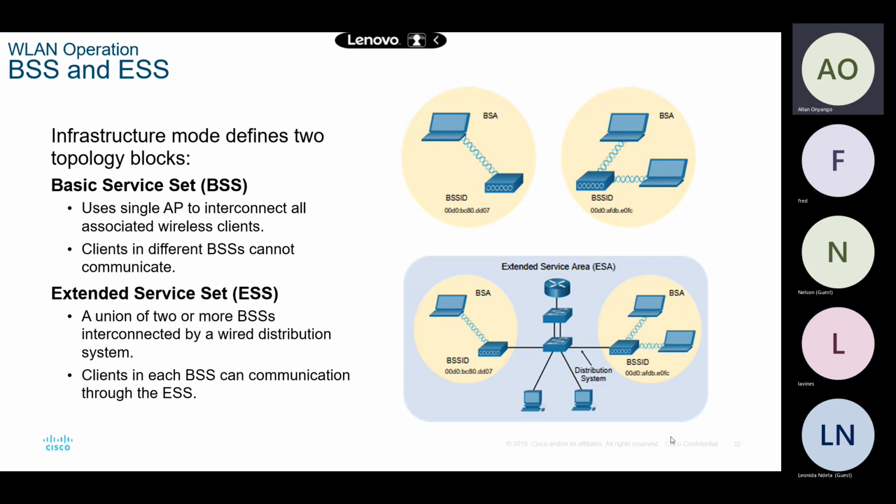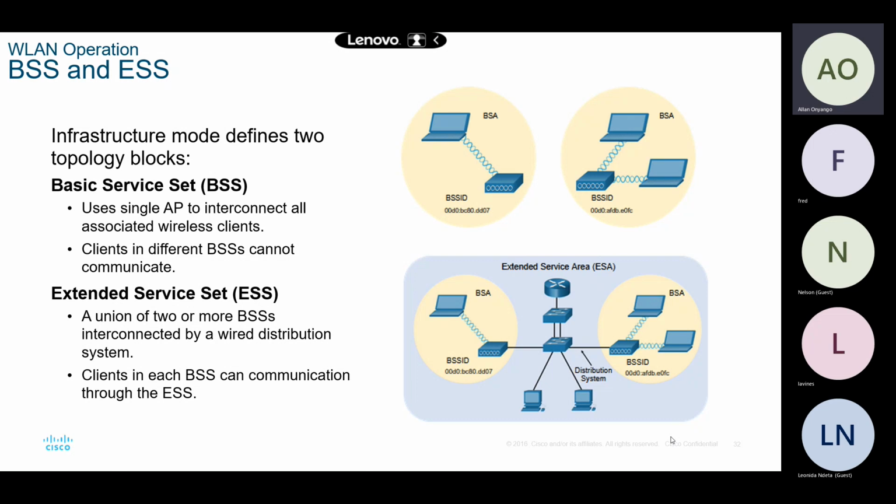Then we have what is called the ESS, the extended service set. We know that each access point normally has a unique name, and the name is called an SSID, service set identifier. And so in an ESS, we unite two or more BSSs using a wired distribution, and devices from one access point can actually communicate with devices in another access point.